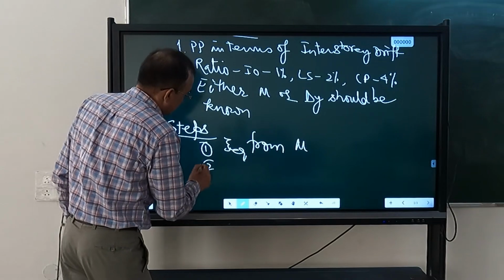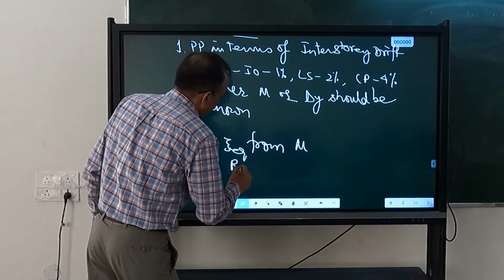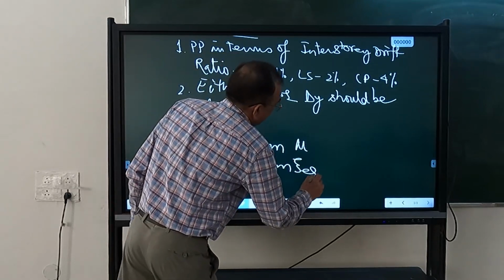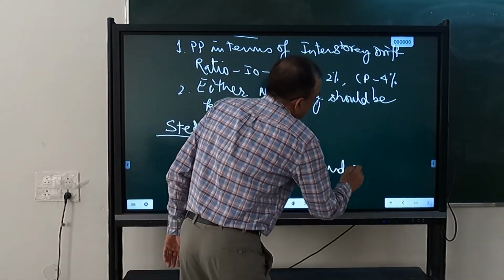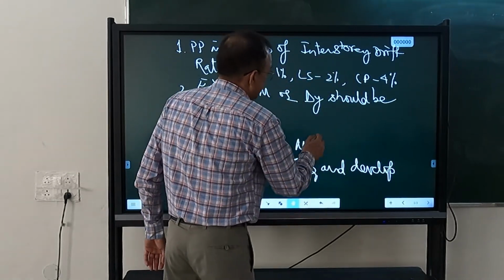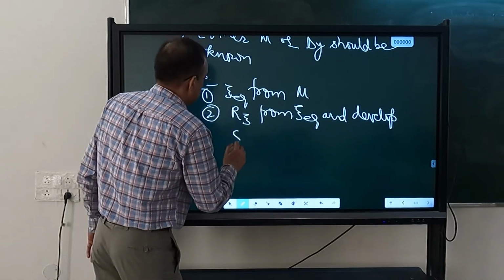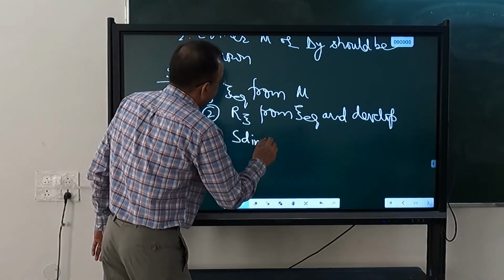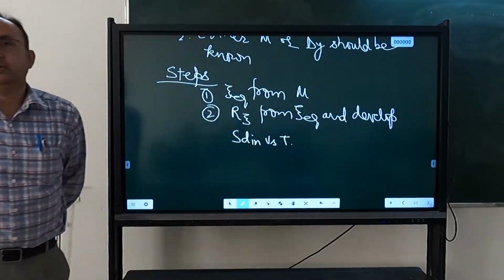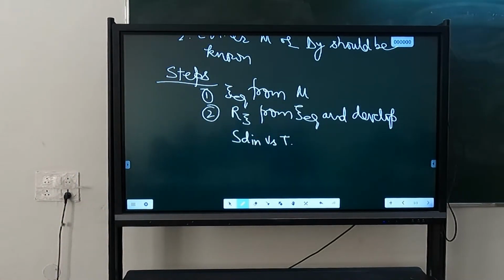Then you calculate R xi from xi equivalent and develop the SD inelastic versus T spectrum. You have to simply divide SD elastic, which you know, by R xi.